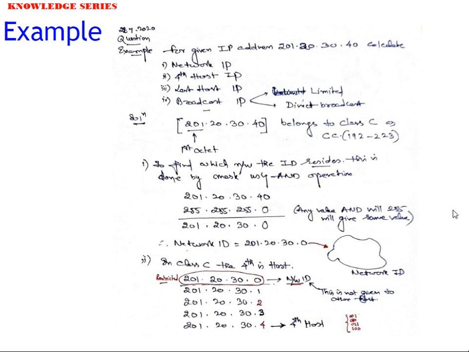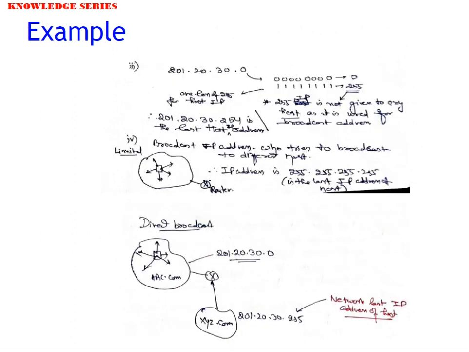Direct broadcast means the broadcast IP is accessed from another network. Here, our own broadcast IP is distributing all the information to every student. Think of another network or another institute that wants to pass information to our students. So they will access this network. That is what you can see here.